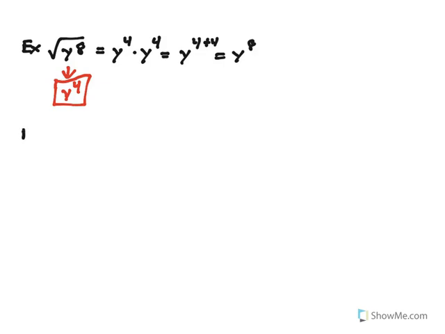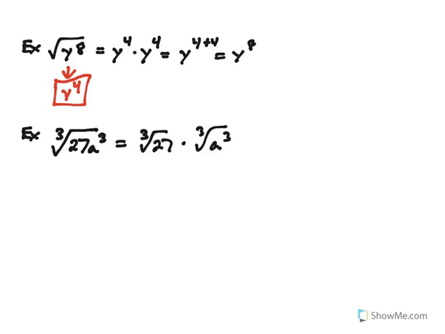Let's look at another example. We're taking the cube root of 27a cubed, okay? Keep in mind that we can write this as the cube root of 27 times the cube root of a to the third power, right?